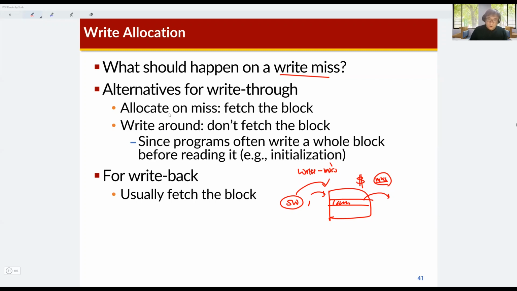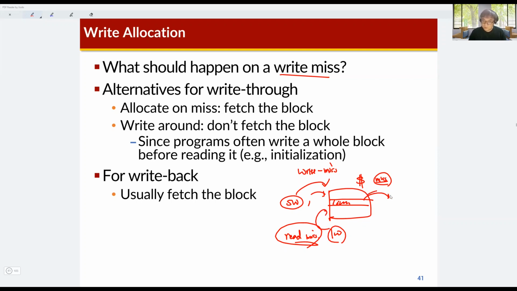The operation for allocate on miss is the same as the read miss case. So how does the cache handle the read miss case? When the load instruction is executed, the target data is not found in the cache. This is the read miss.